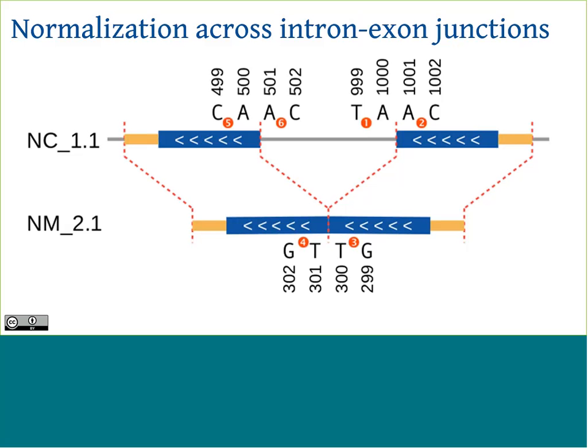Now imagine that you then project that variant down to a transcript on the minus strand, and that first becomes 3, but then you right shift that to position 4, and imagine that that's what you end up reporting in a journal somewhere.